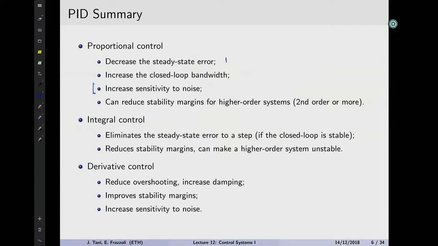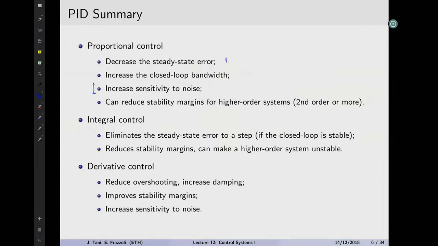It improves stability margins, but has this very ugly property that makes it really difficult to use in practice: derivatives amplify noise. Every time you have a real practical system, the output is always something you measure. Every time you measure things, you introduce noise.